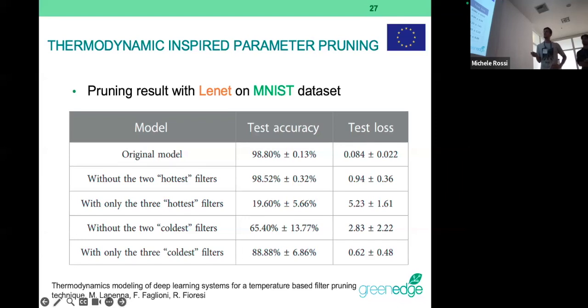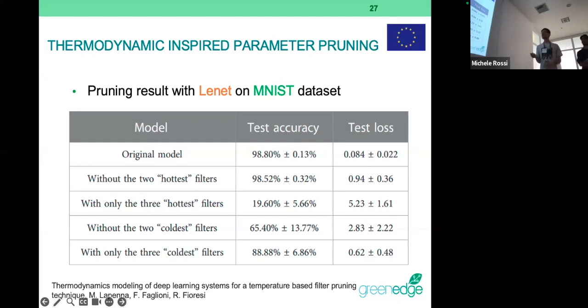If you remove the two hottest filters, the ones with higher temperature, you still get 98.52%. So the accuracy is not decreasing, but you have two filters less. Since LeNet has 6 filters, removing 2 is a lot of filters.